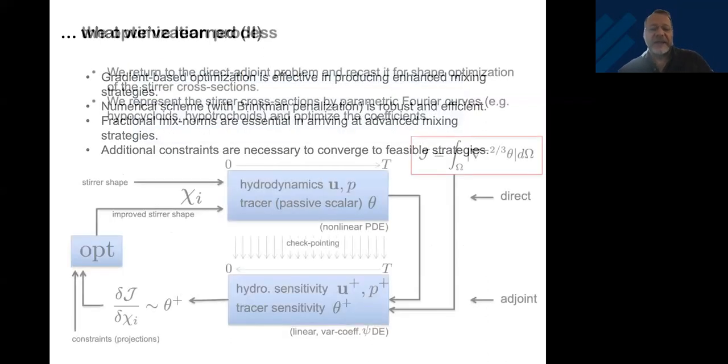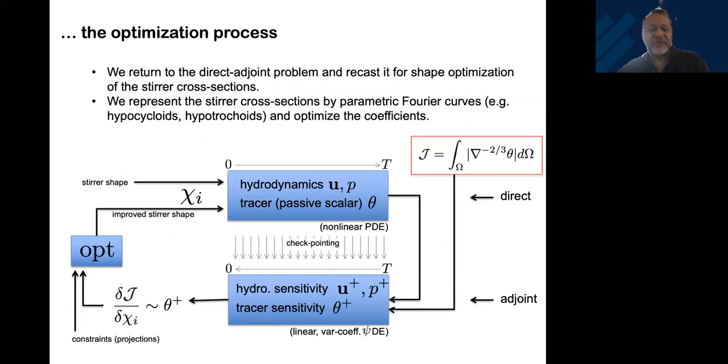Okay, so I want to just quickly go through the same thing again, but now the only thing that changes is that gradient down there, because now we're going to do shape optimization. So we're not optimizing what the stirrers can do on that circular path. We leave them in the middle, just let them turn, but we say, what is a better stirrer shape?